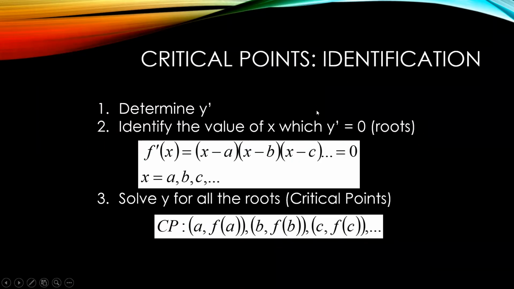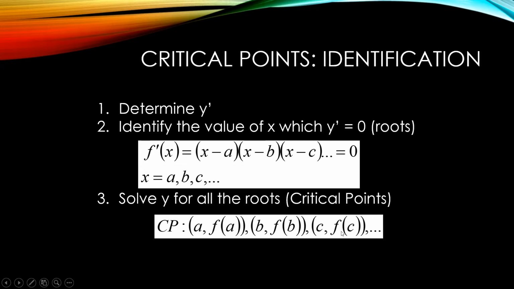So we need to know how to identify the critical points. What are the steps? First, determine y prime, and then identify the value of x in which y prime is equal to 0. So technically, you're solving for the roots. Solve for x when y prime is 0, and then solve for the y of the roots. These are critical points.